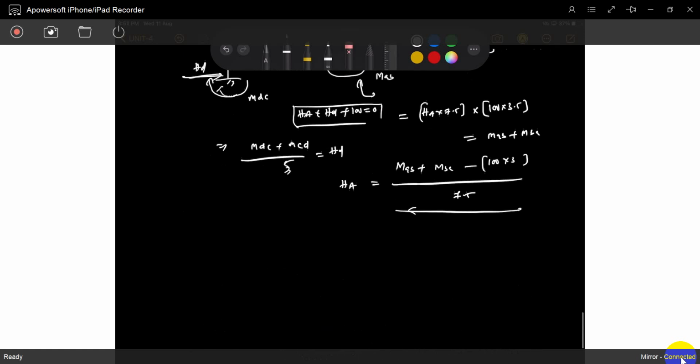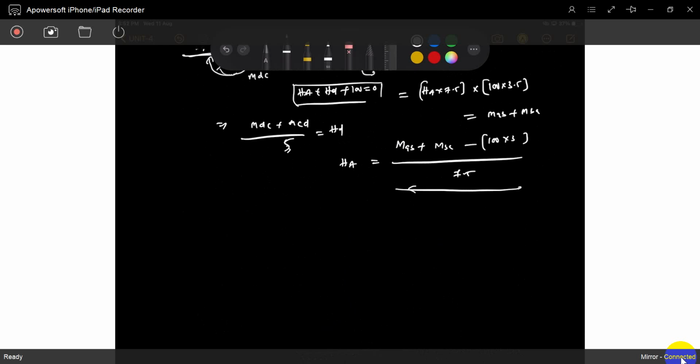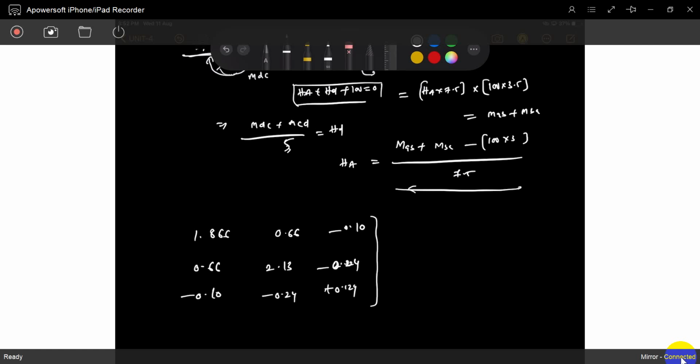You can solve it, and you will get like this. 1.86, 0.6 minus 0.10, 0.66, 2.13, 0.24 minus 0.10, 0.24 plus 0.124, for EA theta B, EA theta C, and EA delta.